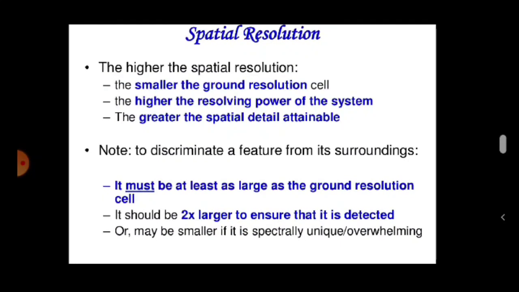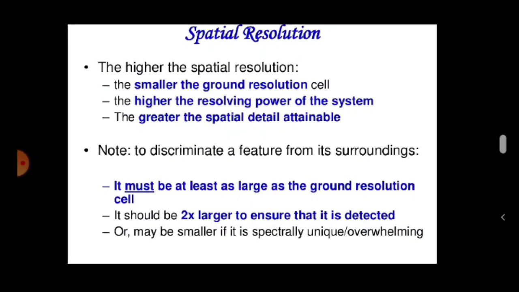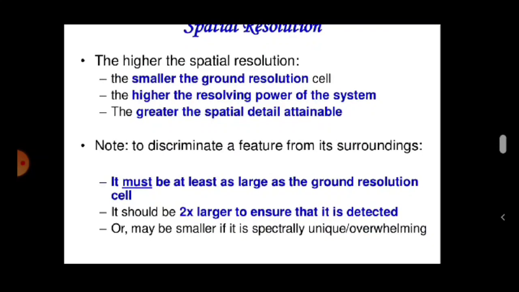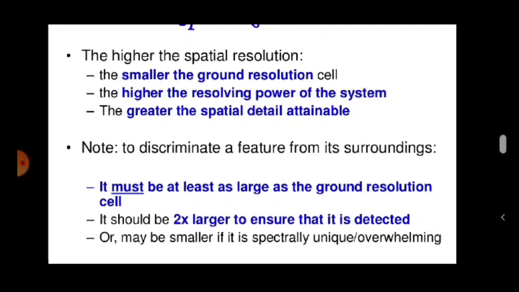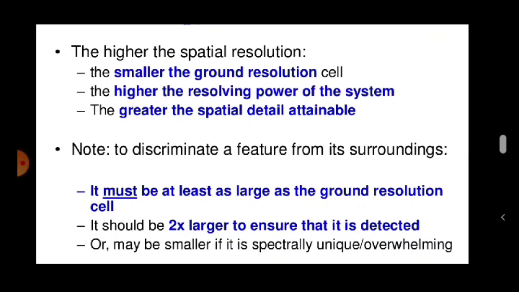Here, the higher the spatial resolution, the smaller the ground resolution cell. When the spatial resolution is high, the resolving power of the system is also high, and much spatial detail can be attained.